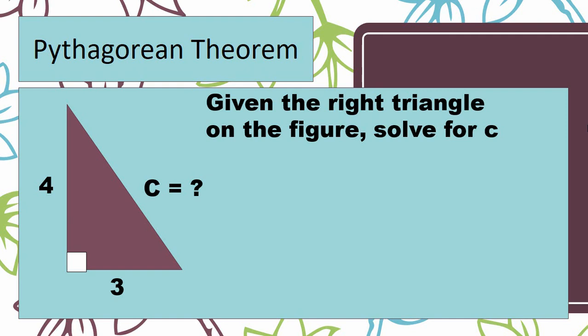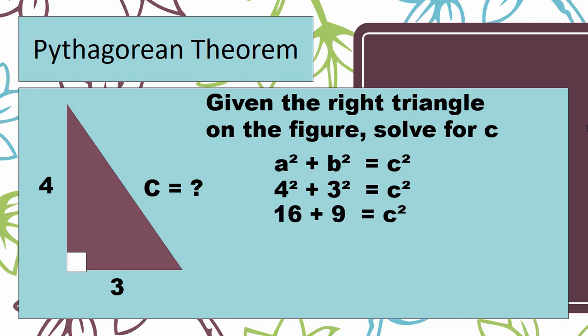Using our formula, a square plus b square equals c square, we can now substitute 4 and 3 to the formula. So we have 4 square plus 3 square equal to c square. We need to square the two sides of a right triangle. So we have 16 plus 9 is equal to c square.